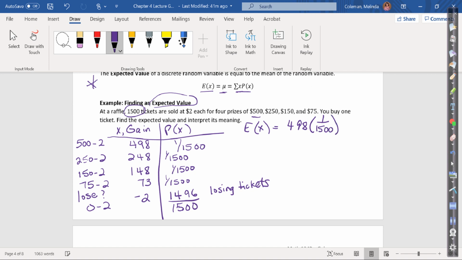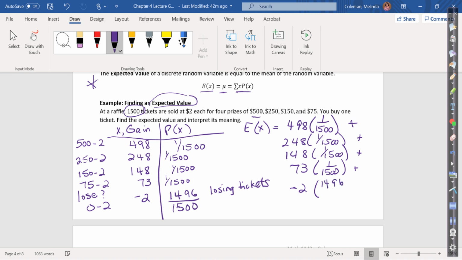Remember, it's x times p of x, plus 248 times 1 over 1,500, plus 148 times 1 over 1,500, plus 73 times 1 over 1,500, plus negative 2 times 1,496 over 1,500. Add those up, and what does it equal?